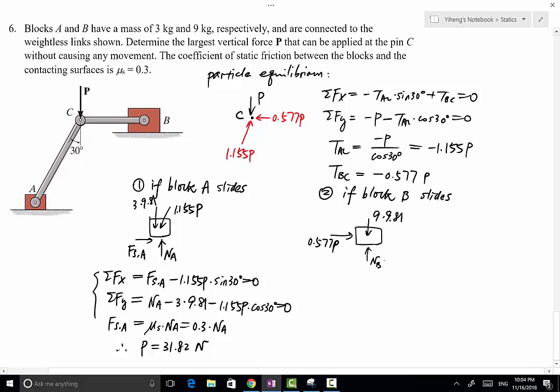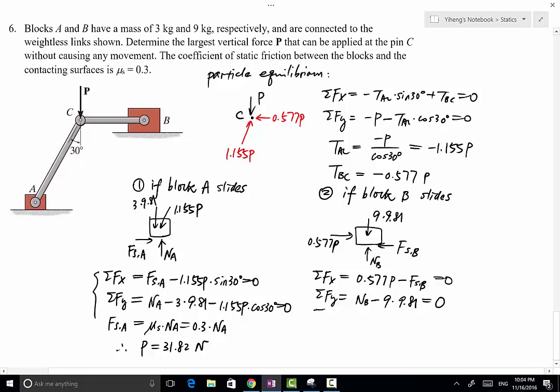As you can see, the impending motion is to the right, therefore the frictional force is to the left. This completes the free body diagram. Similarly, we write our 3 equations. Resultant force along the x direction, this is relatively easier: 0.577 P minus F_SB equals 0. Resultant force along the y direction, we have N_B minus 9 times 9.81, the weight of block B, equals 0.